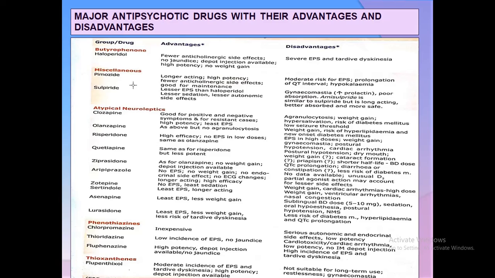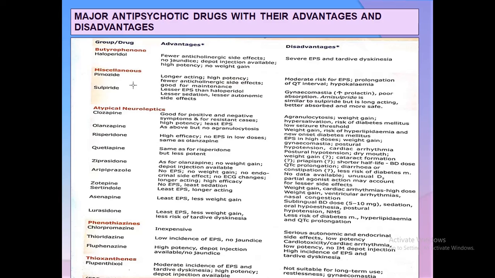Next drug is aripiprazole. Here no extrapyramidal side effects. These are the advantages: no weight gain, no endocrinal side effects, no ECG changes, longer acting, high efficacy. And disadvantage is unusual; partial agonist action may account for lesser side effects.